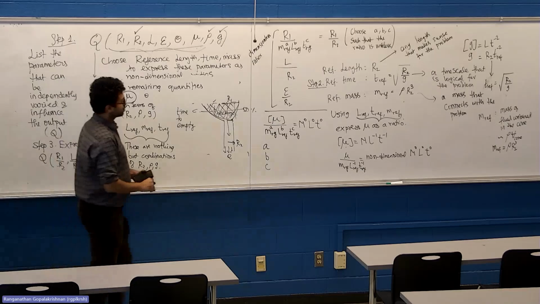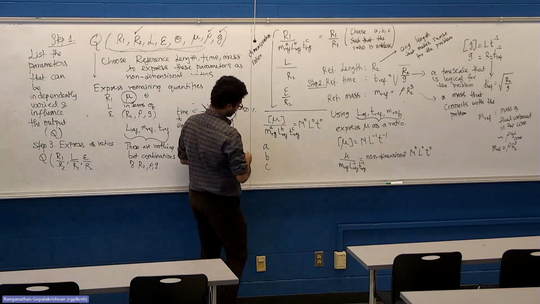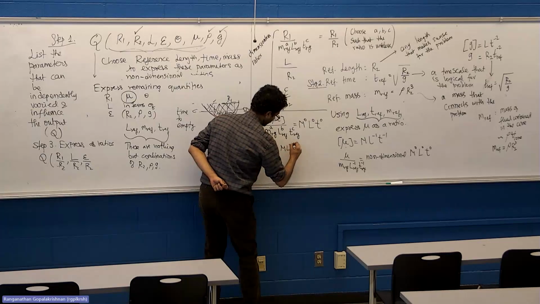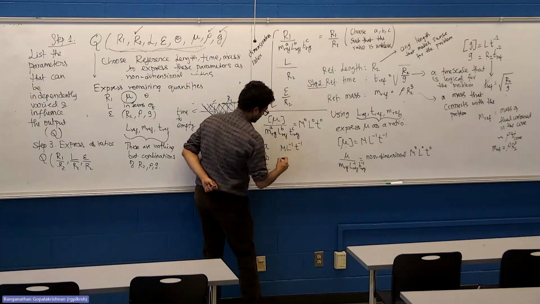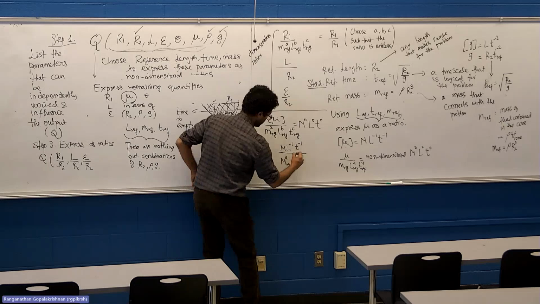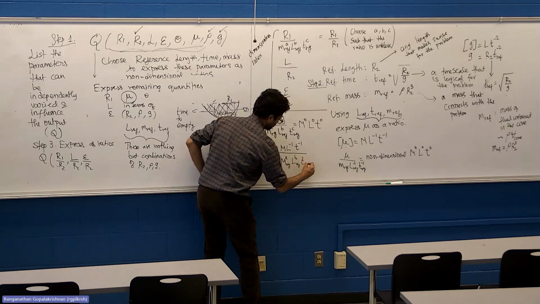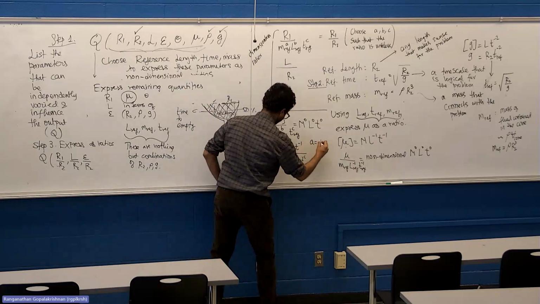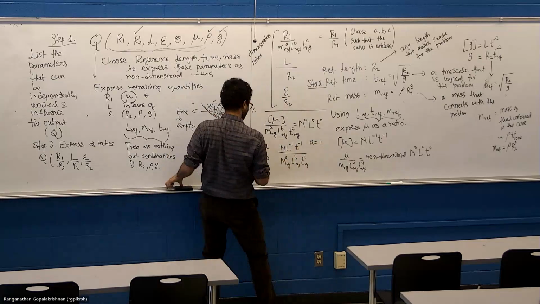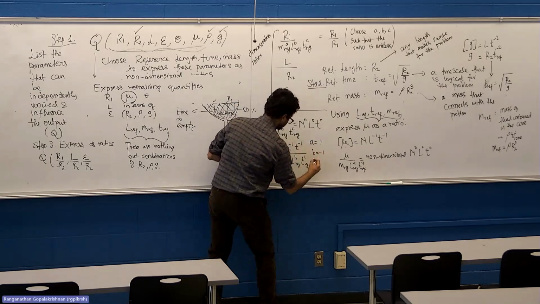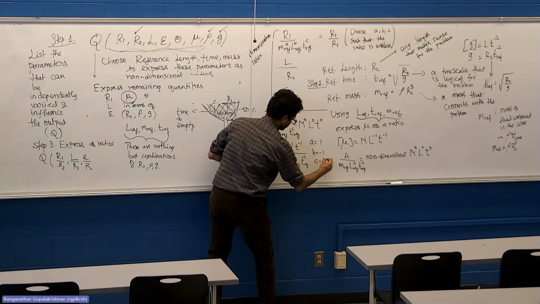So what are the dimensions for viscosity? We saw that at the beginning of the class. Dimensions for viscosity are M, L to the minus 1, T to the minus 1. And then I have m ref A, L ref B, and then T ref to the C. So obviously A should be equal to 1. B should be equal to minus 1. And C should be equal to minus 1.